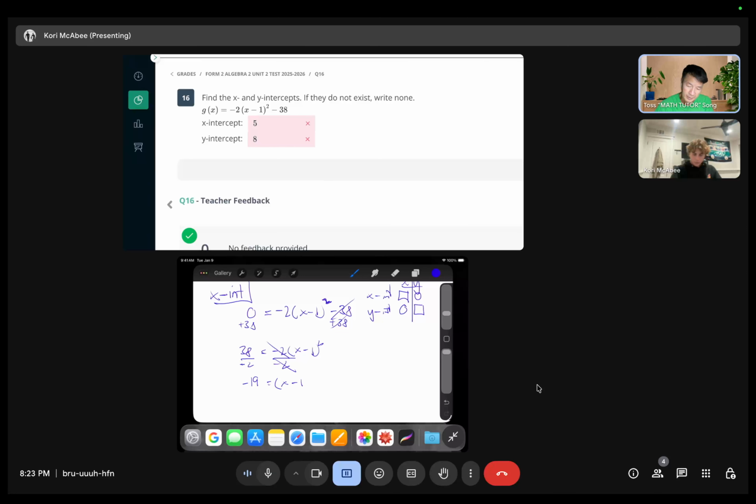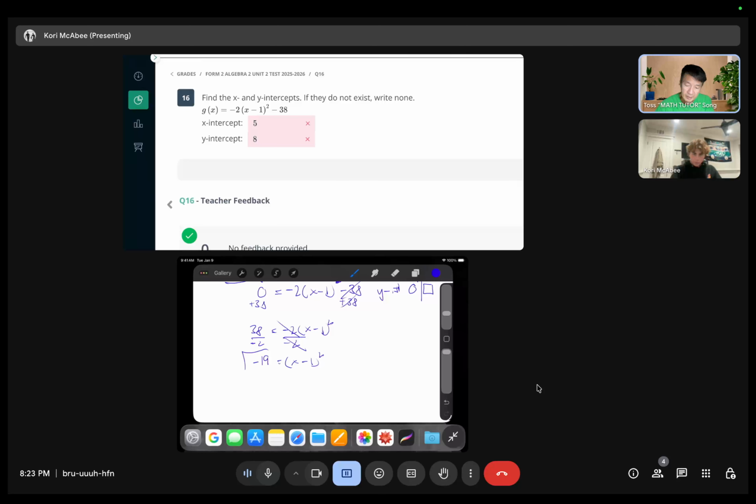Why? Because if you square root both sides, your x is going to have an i. You can copy exactly the negative 19 and put a plus or minus there, but then you emphasize that that's i.